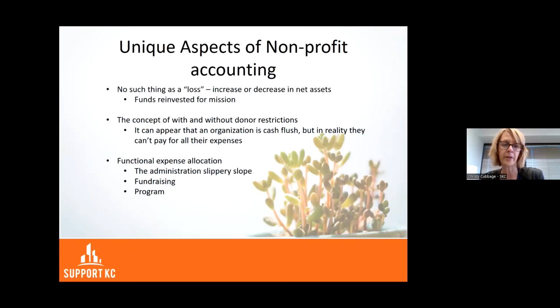It is a slippery slope because first, you don't want to spend 100% of expenses on direct program expenses, because then you can't pay to have transparent accounting. You can't pay for your fund development. That's not sustainable.